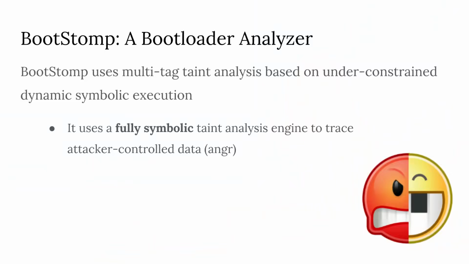This happens through symbolic taint analysis. This is the part that I know about because I work on angr, which is the symbolic execution, static analysis tool that BootStomp uses in order to do its taint analysis.